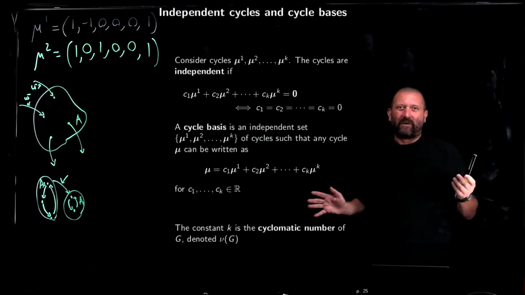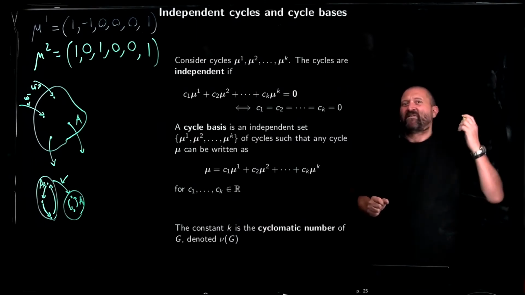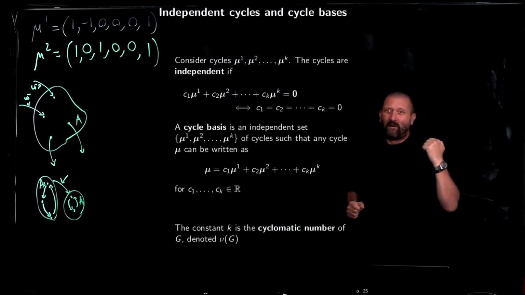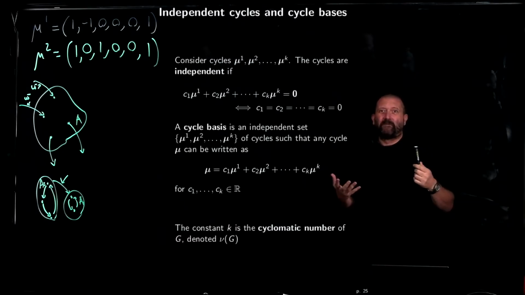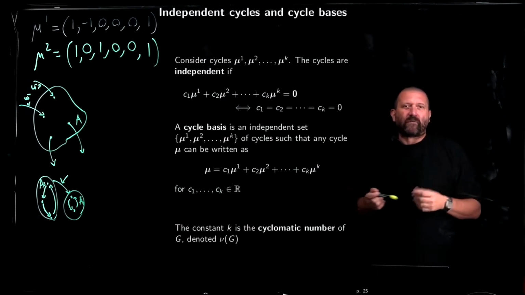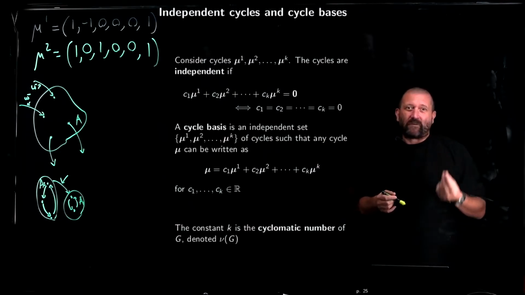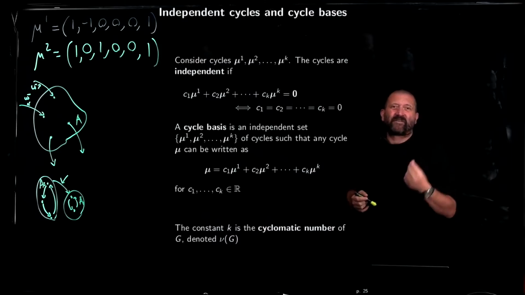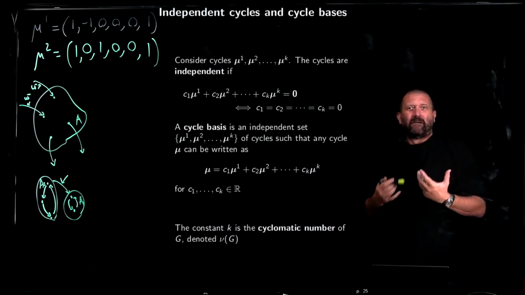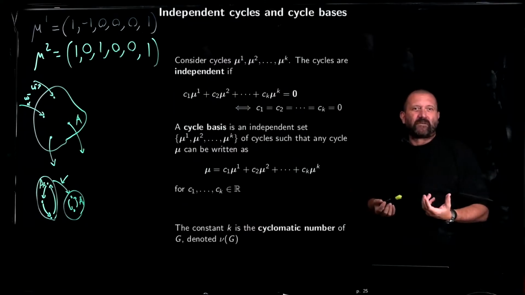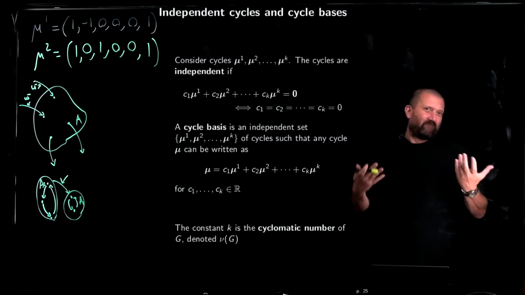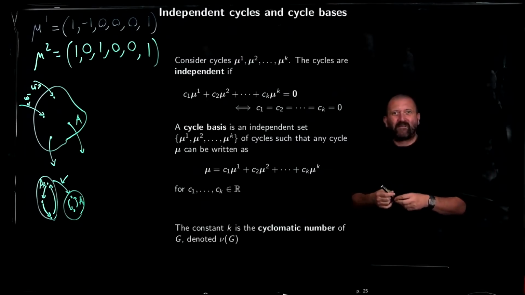What have we seen about vectors? Independence, making bases, etc. Well, I can do the same here. So if I have a bunch of cycles from mu1 to mu k, then I'm going to say exactly the same way as we did for vectors in general, that those cycles are independent. We don't say linearly independent here, but you see what this means.